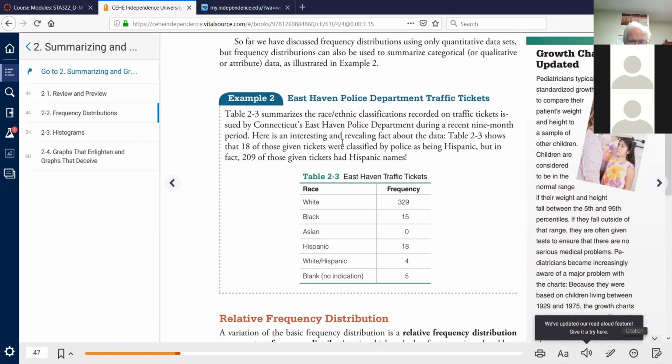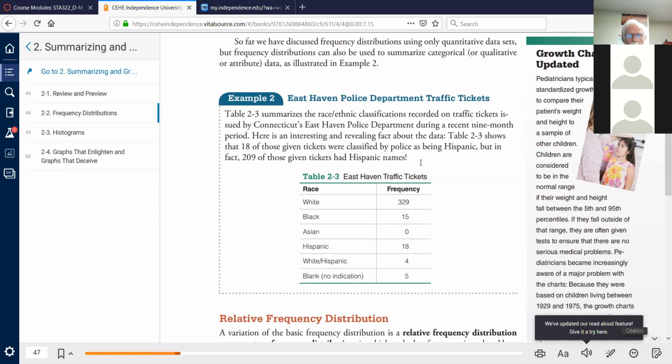And the police classified the ethnic groups here: white, black, Asian, Hispanic, white/Hispanic. I don't know, well, that's interesting that they used that, or no indication. It turned out that they claimed 329 were white, but 209 of the tickets had Hispanic names, for whatever that's worth. What use is such a bit of information?